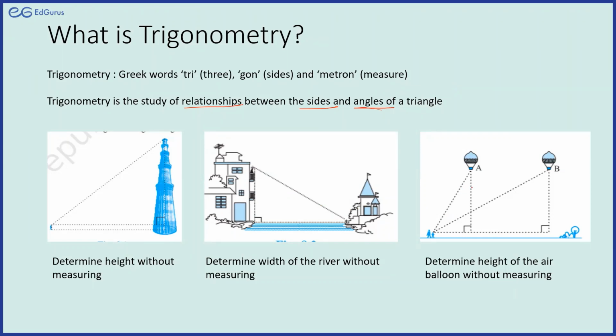Similarly, this is the height of the air balloon. So you can figure out how high it's flying without measuring it. So trigonometry, as you go in higher classes, you will learn it has many, many applications, not only in maths, but in all areas of science.